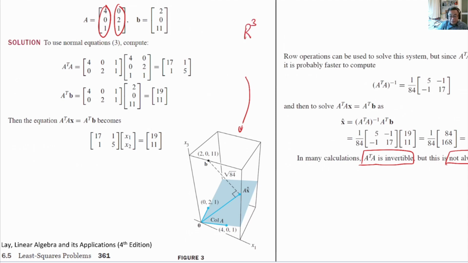There are 3 coordinates. The first coordinate is x1, the second coordinate is called x2, and the third coordinate is called x3. In this figure, we have x1 over here, x2 over here, and the vertical coordinate is x3.